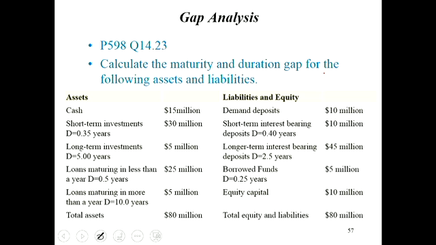So again, 0.5 times 25 million, and that comes out 12.5. And going down to the bottom one, loans maturing in more than a year, duration of 10, and 5 million of those, that's 10 times the 5 million, and that's 50.